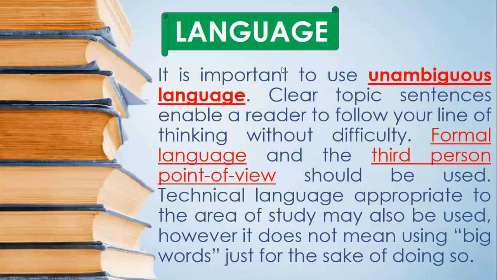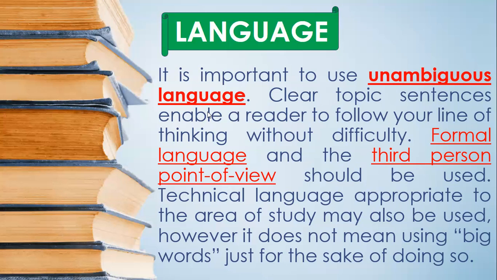Okay? So in other words, when you are writing academic texts, when you are conceptualizing your academic text, make sure that you are using a language that is not too common nor too ambiguous to your readers. Okay? So please take note of the underlined red words, unambiguous language. Okay, you have to make use of unambiguous language.